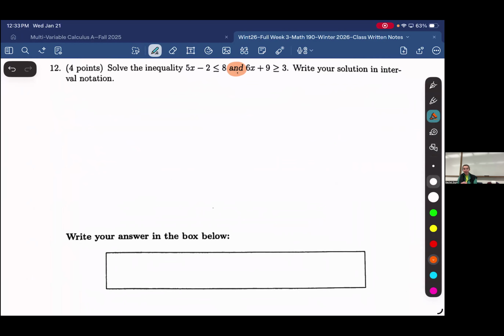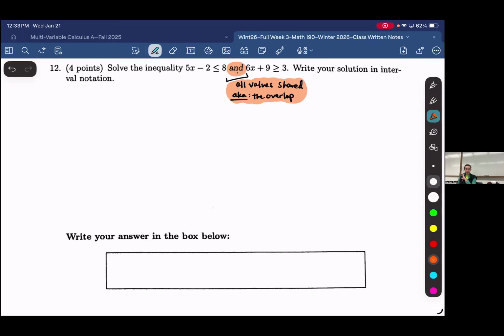And stands for all values that are shared, the overlap between your inequalities. So all values shared, aka the overlap. Whereas "or" just talks about everything.